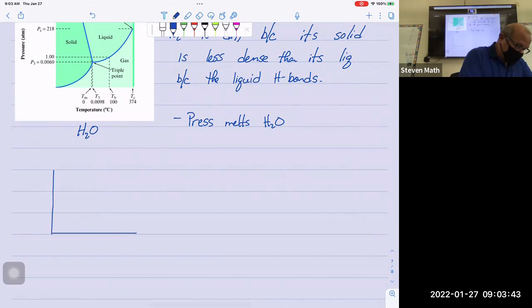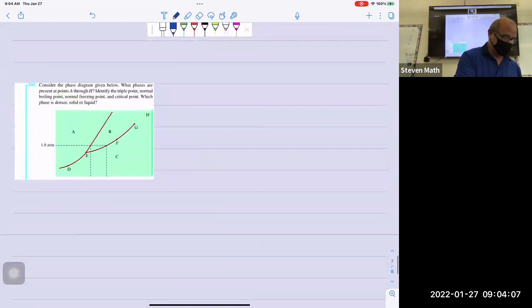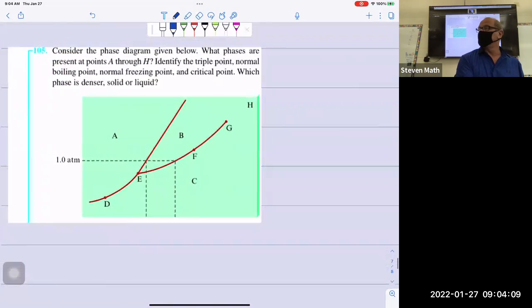If it's not water, it's still going to come up, but it's going to have a positive slope. It's still always going to go in the form of solid, liquid to gas as you go around the clock dial. So they'll give you the graph, and that's what we're working towards.